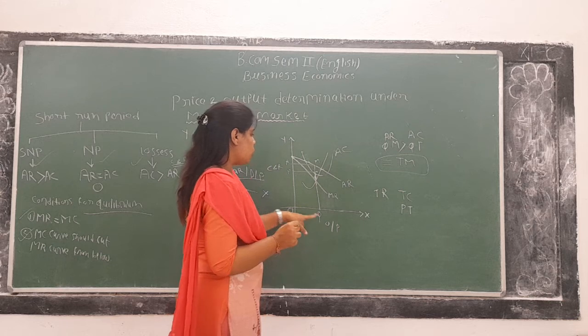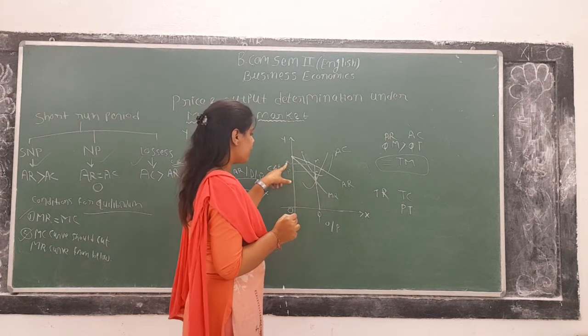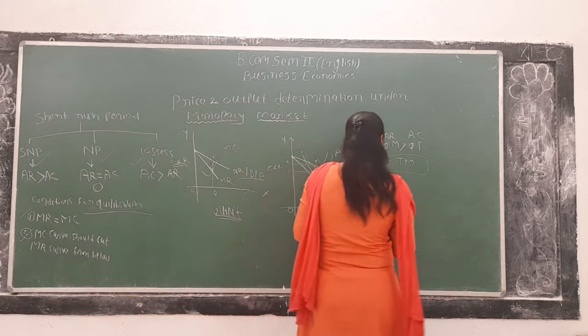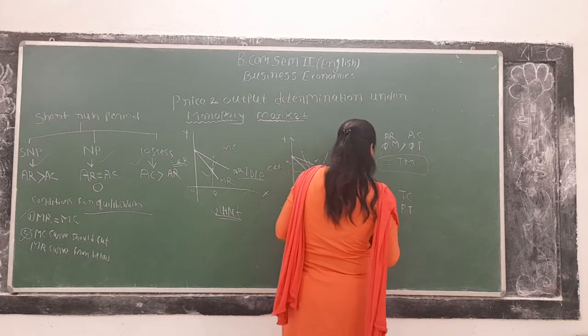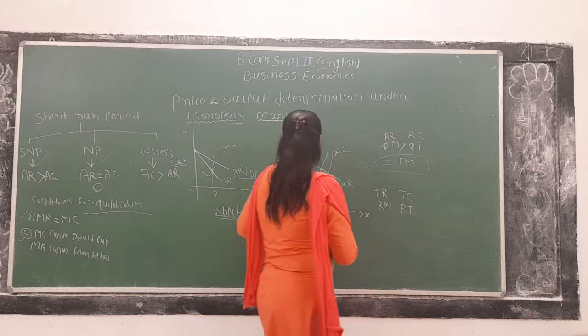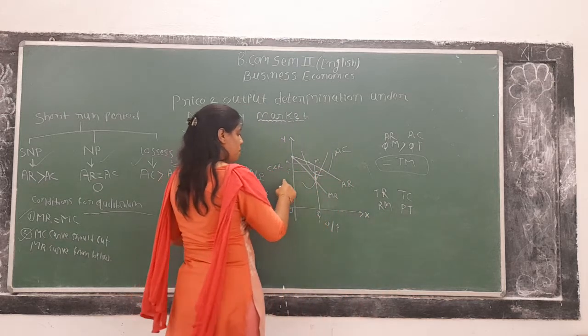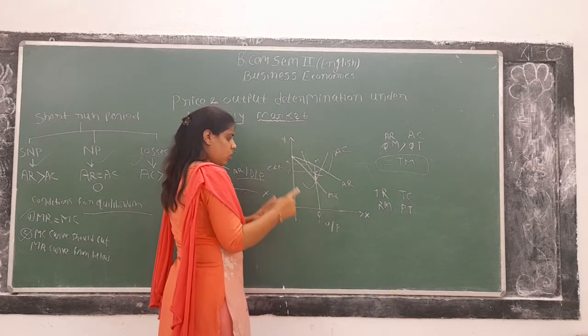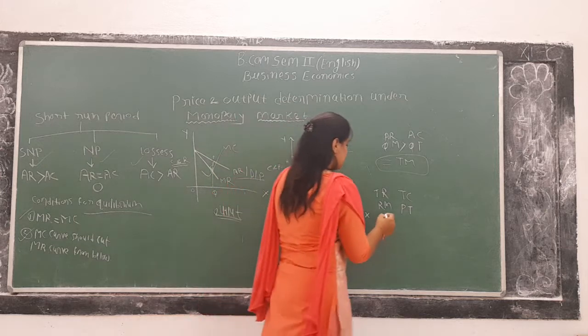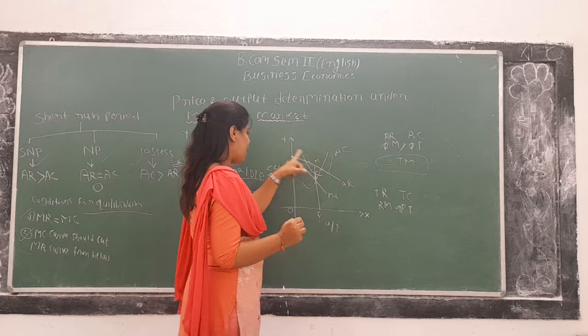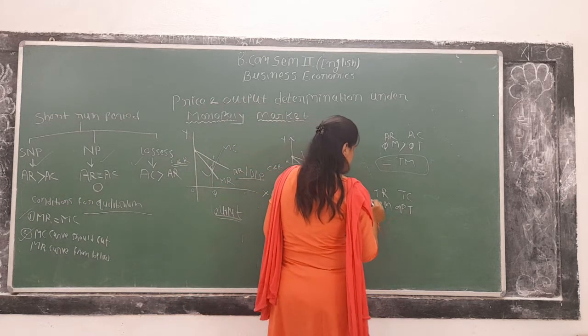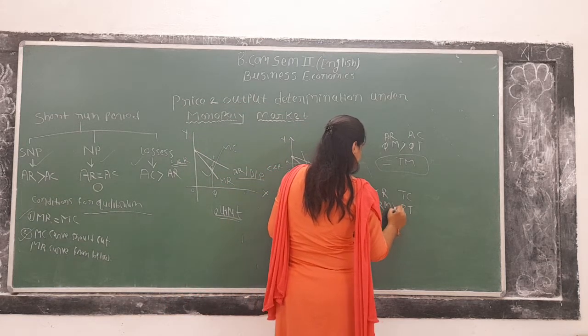After selling this OQ quantity, the total revenue that we are getting is RM. OQPT is the total cost, and OQRM is the total revenue.